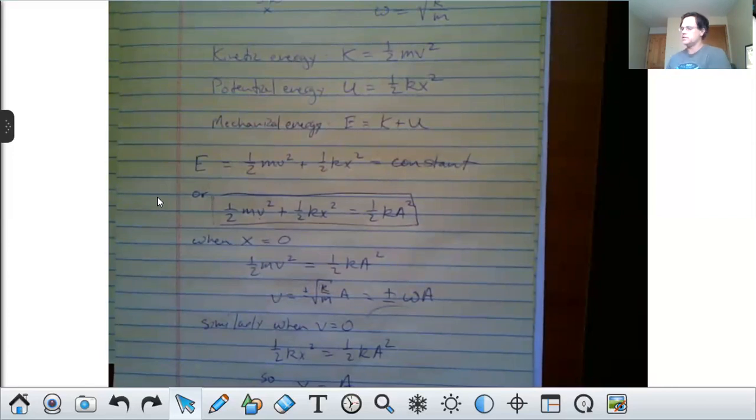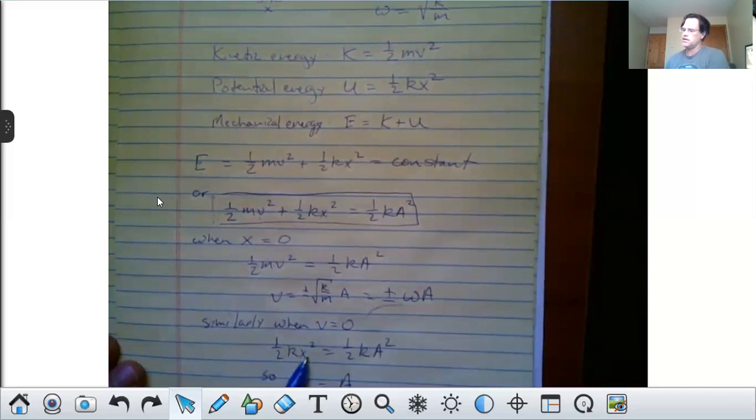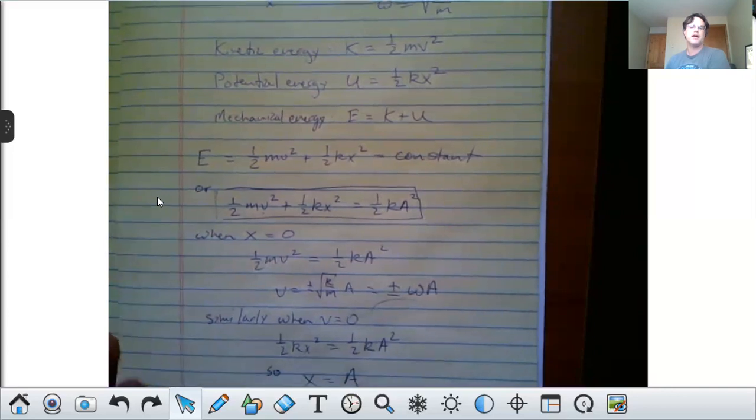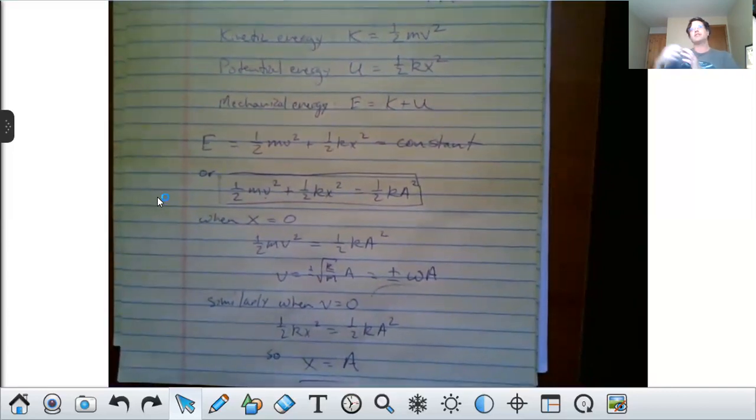Similarly, we can see that when the speed is 0, when the kinetic energy is 0, all of the energy is potential. And as I already said, x is equal to the amplitude for that case. All right, so the maximum acceleration occurs at the amplitude where the spring is stretched the most, but the velocity is 0 there.